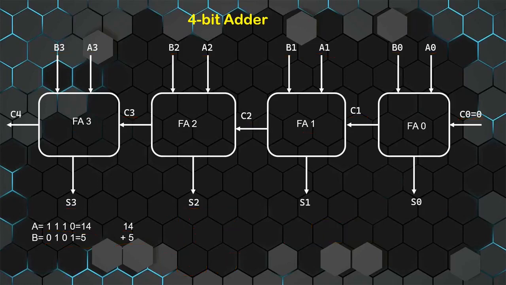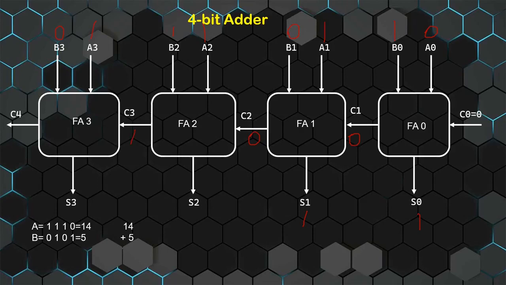Okay, so A value is 1 1 1 0, B value is 0 1 0 1. The addition of 0 plus 1 is 1 and 1 plus 0 is 1 and the carry will be 0. Then addition of 1 plus 0 is 1, and 1 plus 0 is 1. Carry out will be 0. Then addition of 1 plus 1 will be 2, so the carry will be 1.